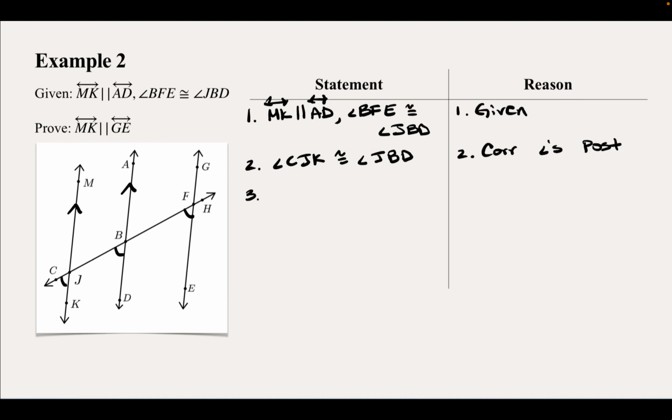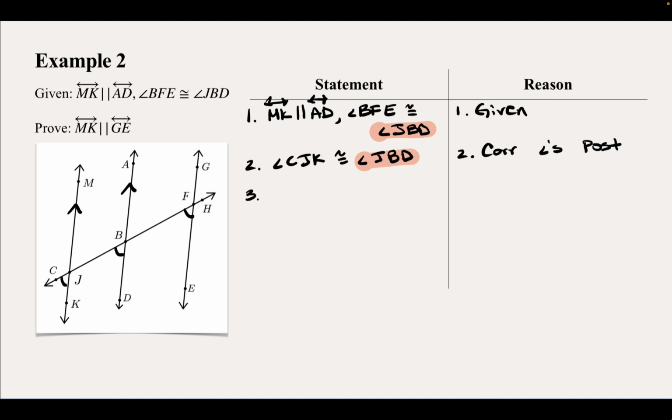So now what I'm going to look for next is something to connect my statement one and my statement two. If I'm looking at those statements, they both have angle JBD in common. And I did that intentionally because remember, I want to try to connect the statements.